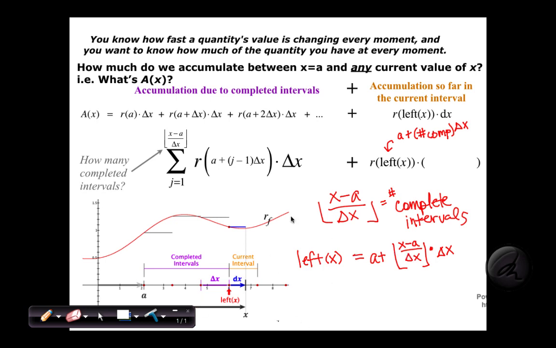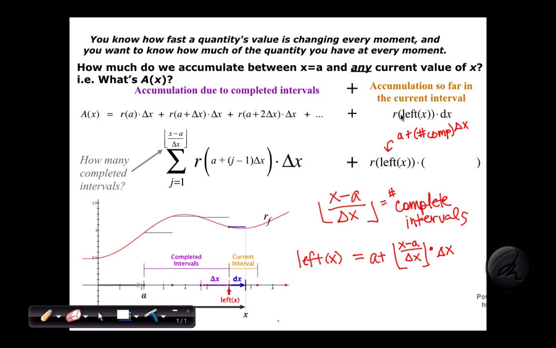So in any case, I can express left of x in this way, but as you can see it's a little bit tedious. So we'll just use this shorthand notation, left of x, to indicate that. But you don't have to have this mysterious left function defined. Floor is a standard mathematical function that's built into GC and whatever. Left of x, if it's not built in, you'd have to define it, but you can.